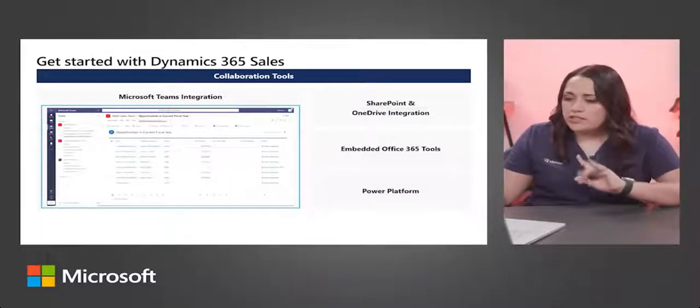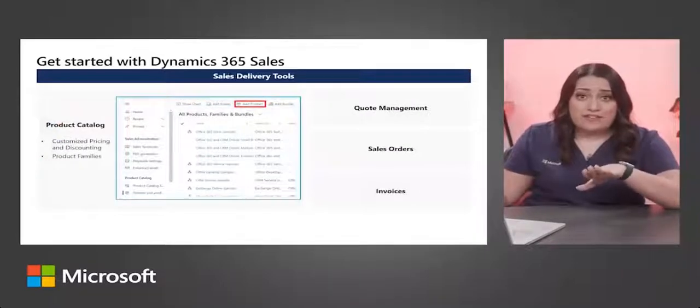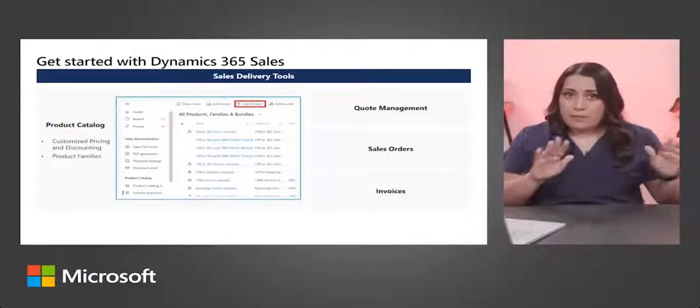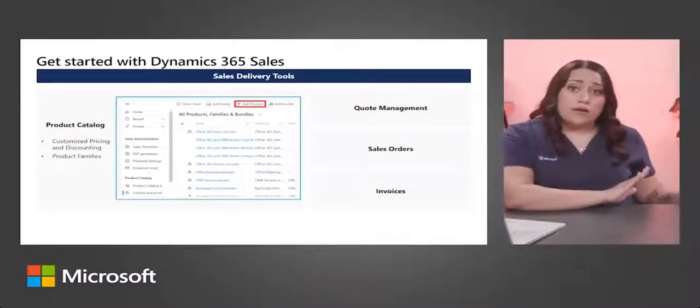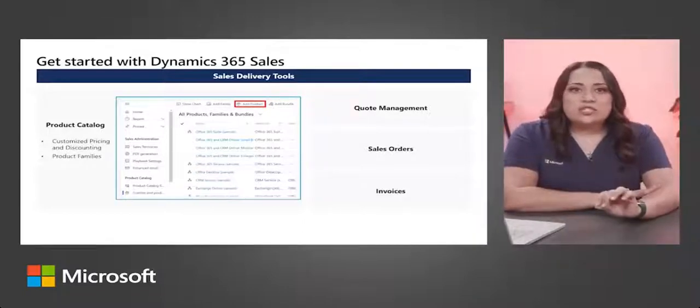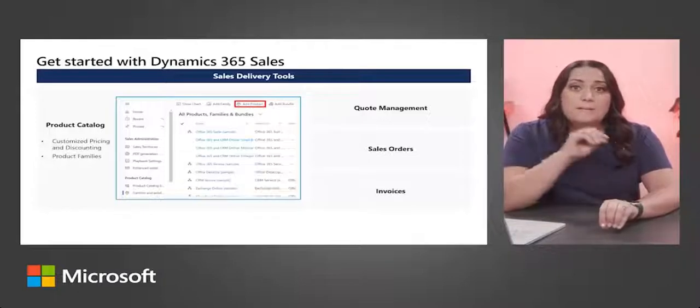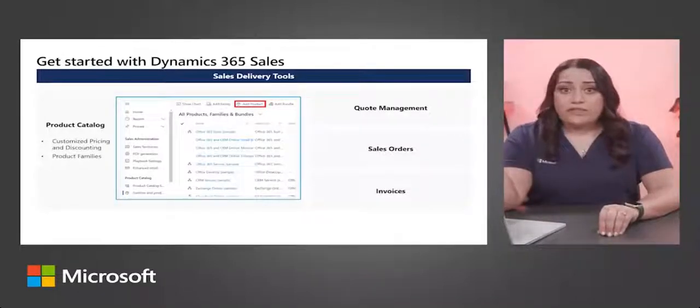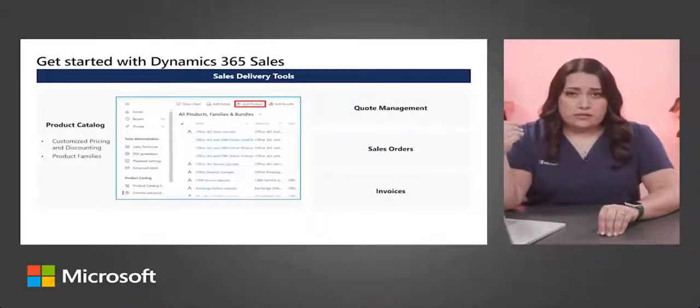But the integrations don't just stop with the Microsoft applications. Remember that product catalog that we talked about in Module 1? Well, it isn't just designed to help your sales team know the costs and the available discounts, but it can actually be linked back with the finance and operations side of Dynamics to help build out those quotes and build out those invoices.